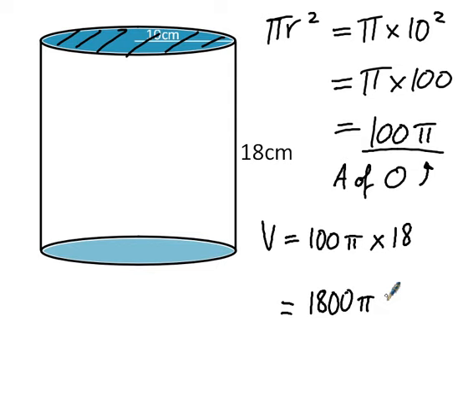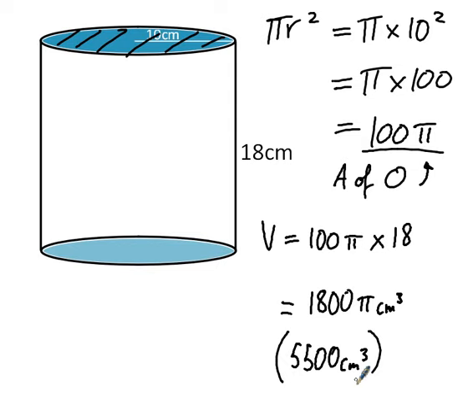If I wanted to multiply it out, I'd be better off using a scientific calculator that has a more accurate figure for pi, and then I can round it to a sensible degree of accuracy. But that's 1,800 pi cubic centimeters, which is going to be roughly 5,500 cubic centimeters. Not perfect, but roughly, let's say.